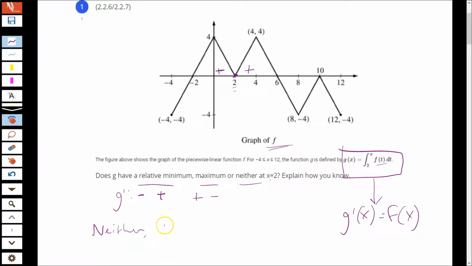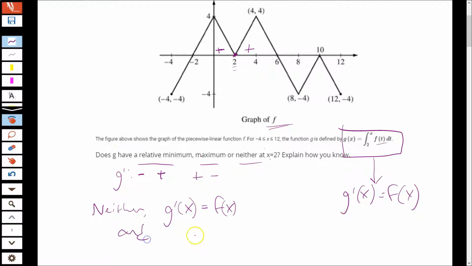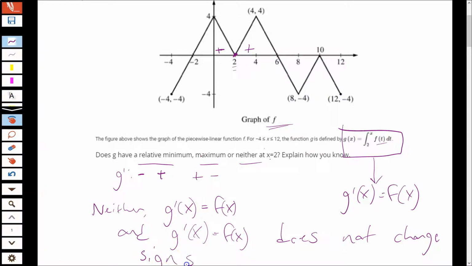So you want to say two things in this explanation. You want to say g prime of x, the derivative of g, which you want to show you know is what we're looking at for this analysis, is equal to f of x. And we can even say that same thing, g prime of x equals f of x, does not change signs at x equals 2.